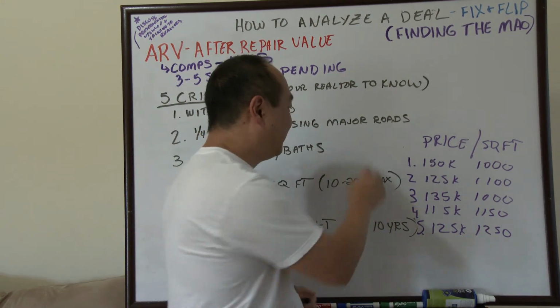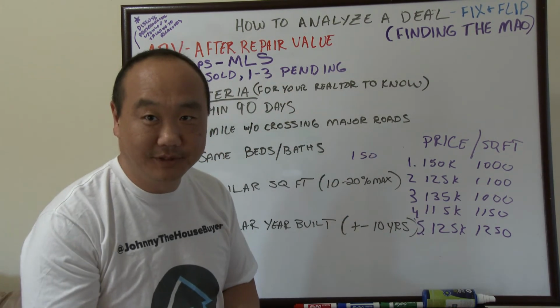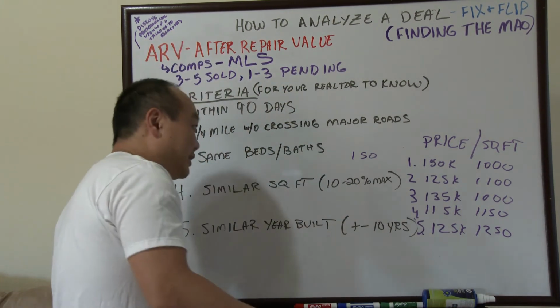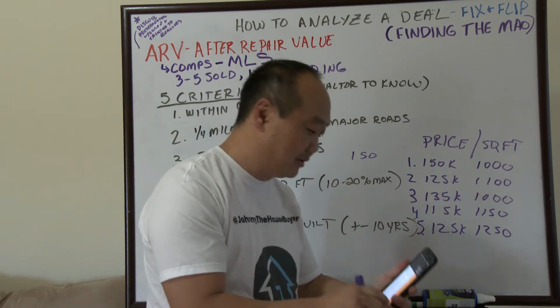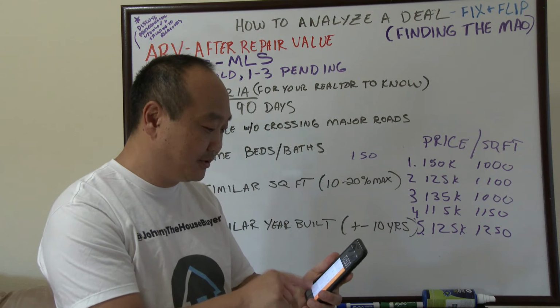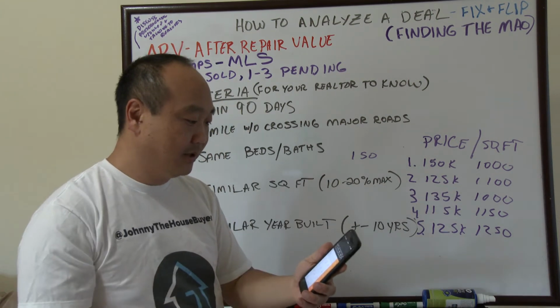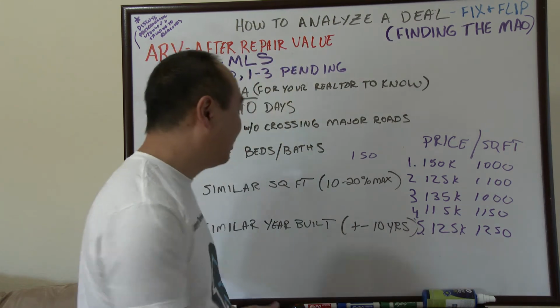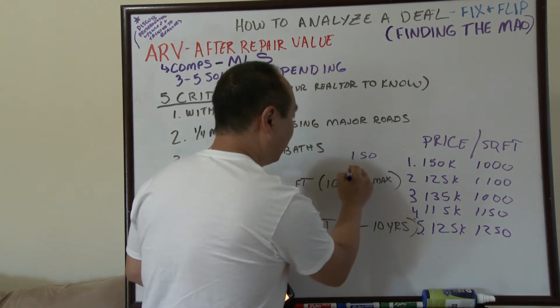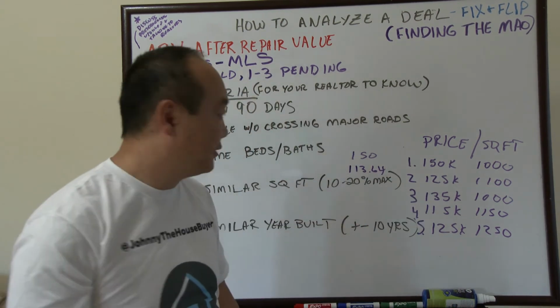Number one is 150 bucks per square foot. Second one, 125,000 divided by 1,100 is 113.64. Okay, third one.